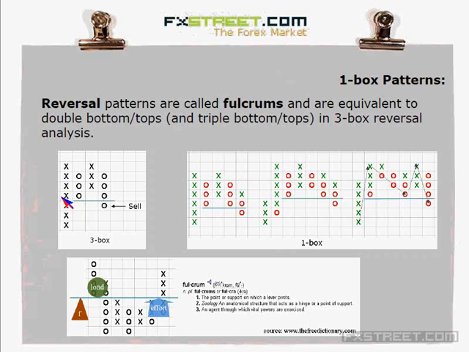So in the middle of this ascending column, there may be several reactions, several corrections in price, but they are less than 3 boxes long, so we don't see them. In the case of the 1-box reversal, they are recorded. That's why we see it appearing here.